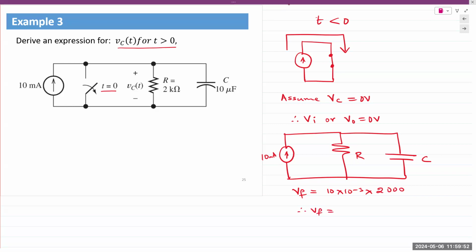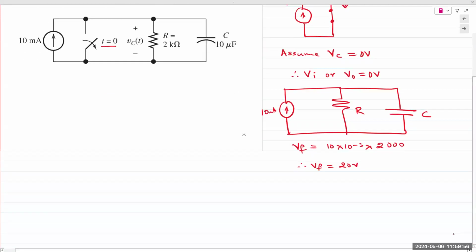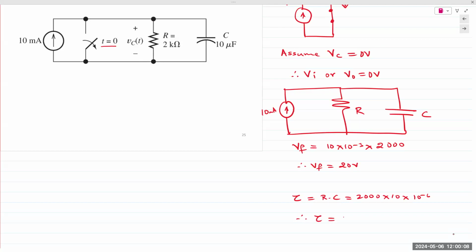And so VF, the final voltage, is 20 volts. Tau is simply R times C. So it's 2000 times 10 microfarads, and so the tau value is 20 milliseconds.